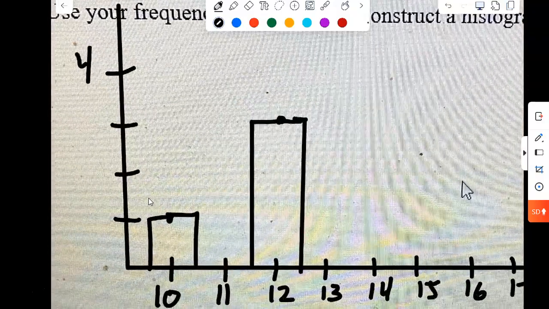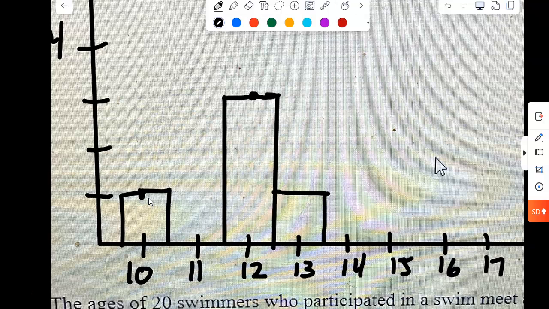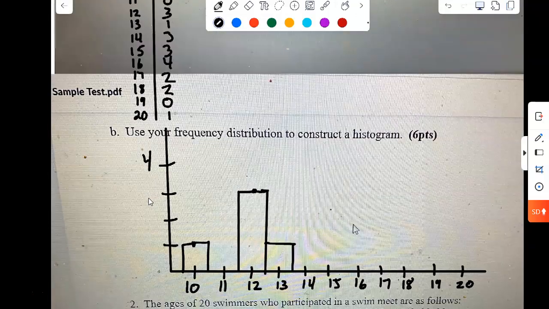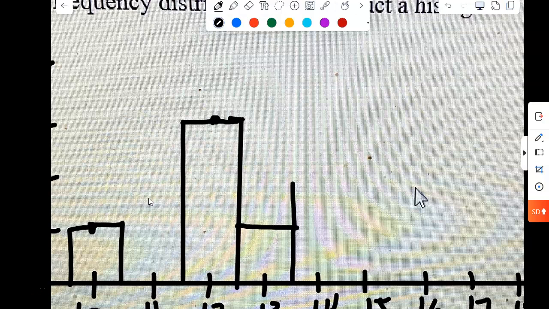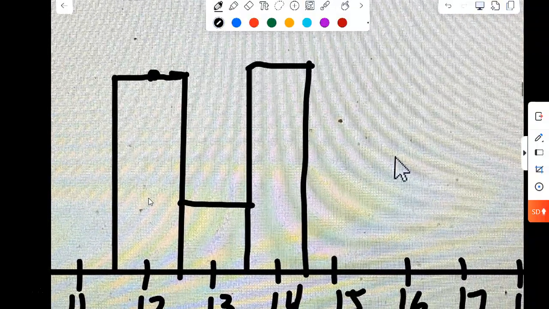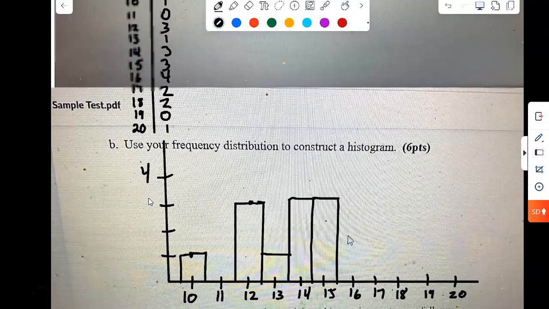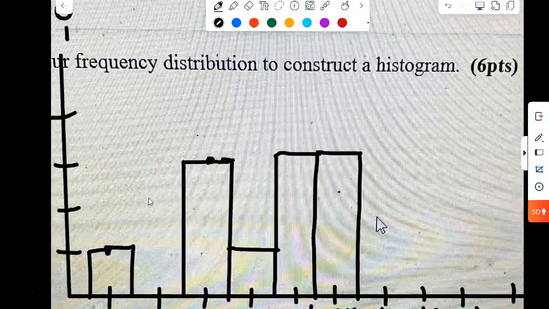13 only had a frequency of 1. So we'll come over here with a bar of height 1. And then we're back. 14 has a frequency of 3. 15 had a frequency of 3. 16 had a frequency of 4.